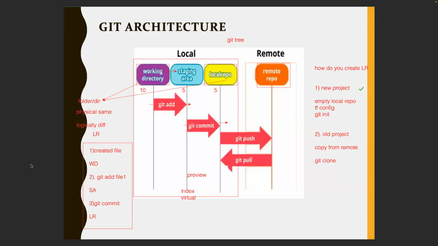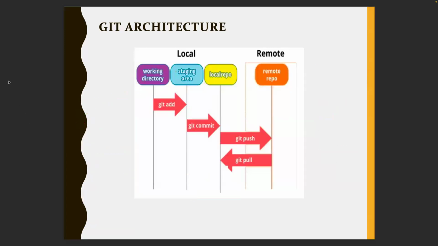So now that we understood the Git architecture, let us install Git. How do you install Git? We'll see. Before that, Git works on multiple operating systems: Windows, Linux, Mac, and so on. So for this, you don't have to get an AWS instance.